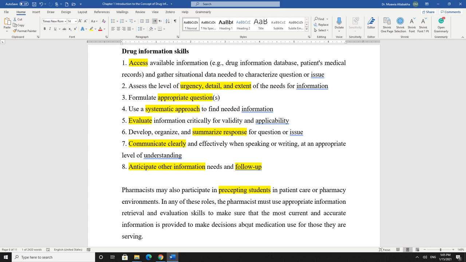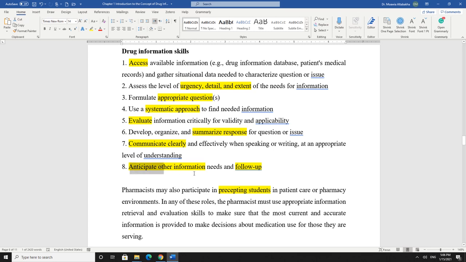Okay. Another important thing is that you have to write at a level that the requester will understand. If I respond to a physician, my response level and sophistication will be different than if I am responding to a lay person, someone in the public, who is not specialized in healthcare.